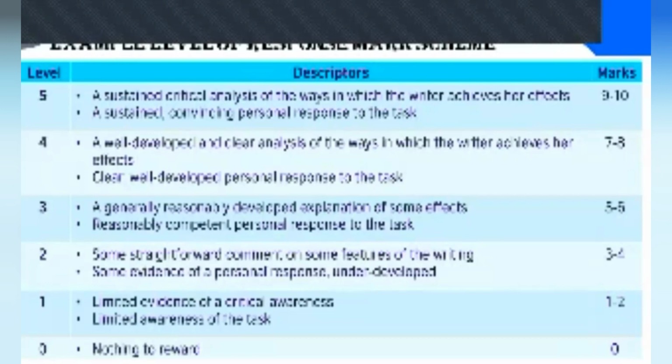Some straightforward comment on some features of the writing. Some evidence of an underdeveloped personal response. That is 3 to 4 marks. Limited evidence of critical awareness. Limited awareness of the task, 1 to 2 marks. Nothing to reward, that is 0 marks. So this is an example of levels in a mark scheme.